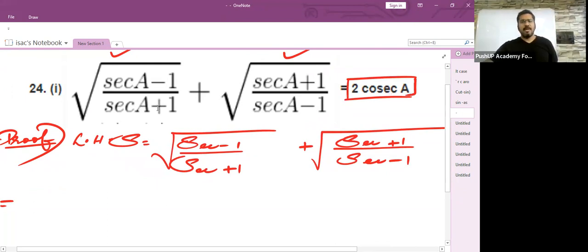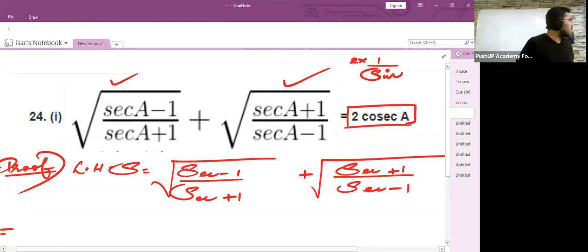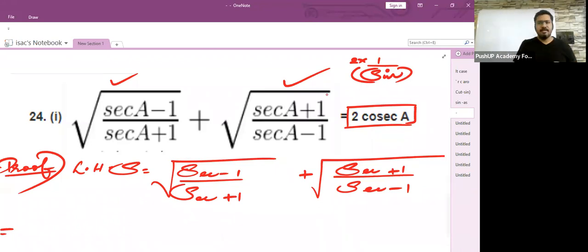So if I ask you what is 2 cosec, it is nothing but 2 into 1 upon sine. So you got an idea. Somehow I need to get sine in the denominator. I'm giving you tricks, children, to understand. Usually students get panicked by seeing such sums. No need to panic. You just look at the right hand side and then make the predictions.